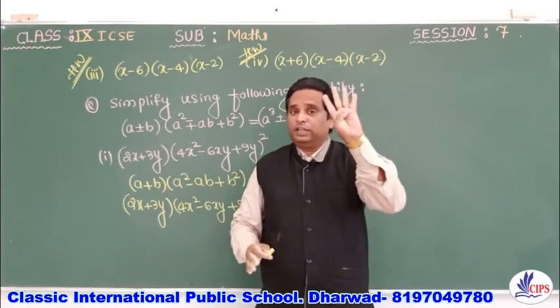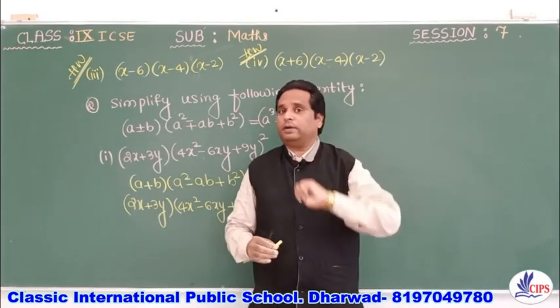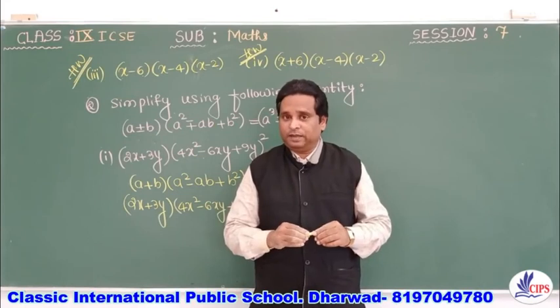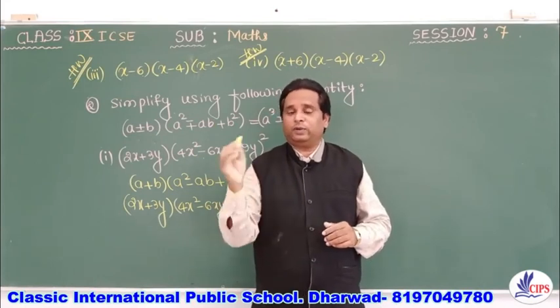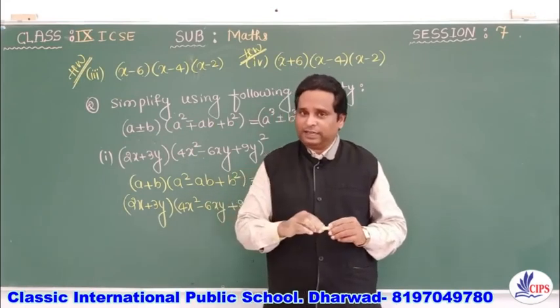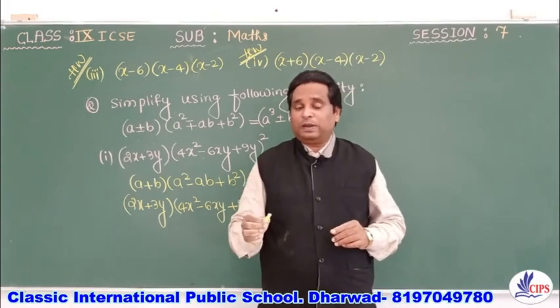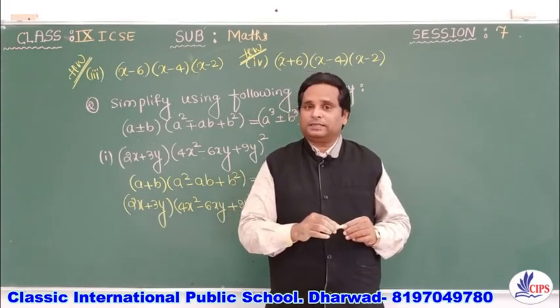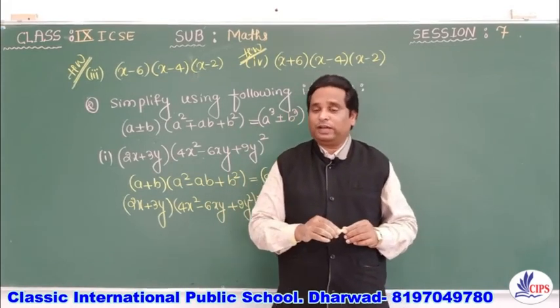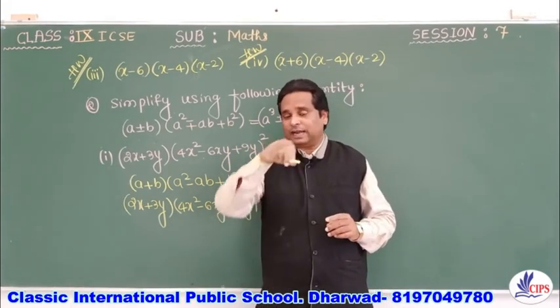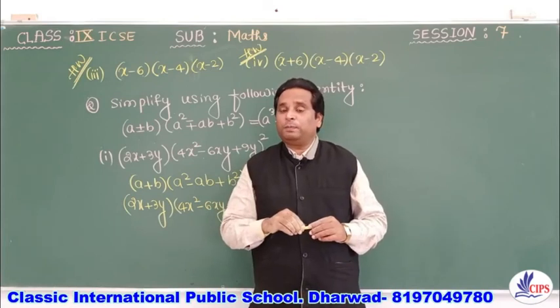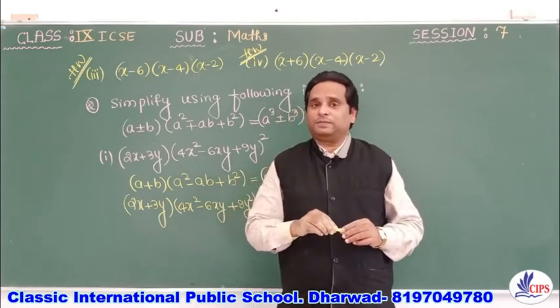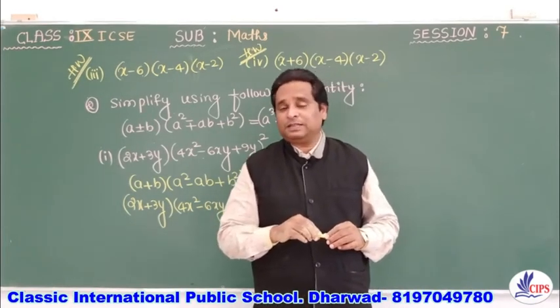But remember these special products. That is, x plus a into x plus b into x plus c is equal to x cube plus a plus b plus c into x square plus ab plus bc plus ca into x plus abc. And the second identity, a cube plus b cube is equal to a plus b into a square minus ab plus b square.